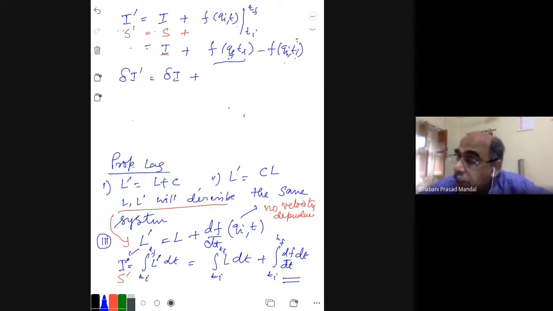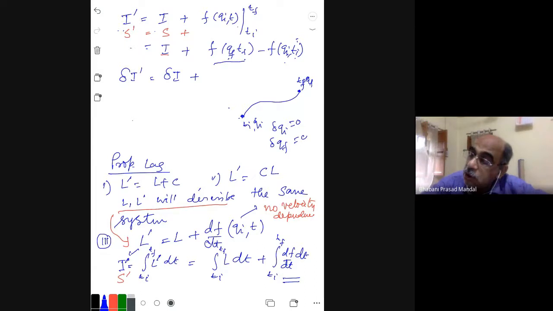Remember, this is the variation, this is the initial point t_i, q_i, and this is the final point t_f, q_f. So we are looking at all paths between these 2 points, but here there is no variation. Delta q_i is also 0, delta q_f is also 0. So no variation. So this is only a function of q_f, t_f. The q_i and q_f do not change with time. So this variation will be 0.